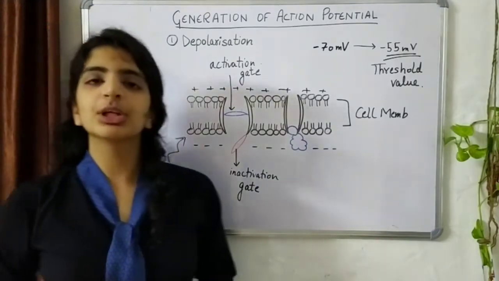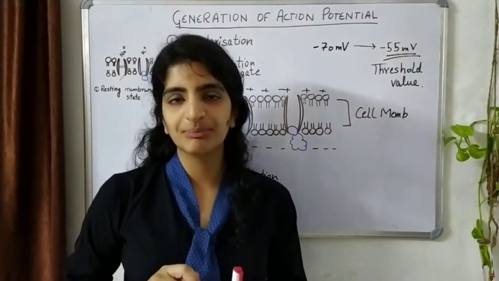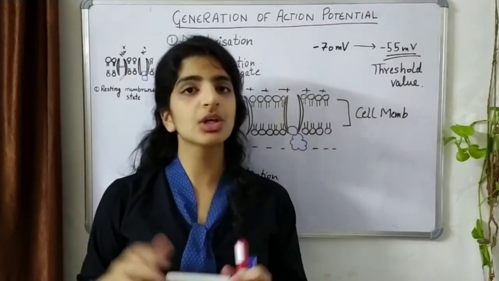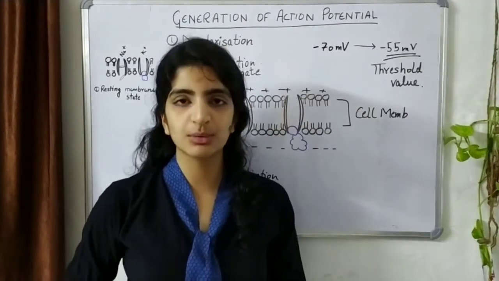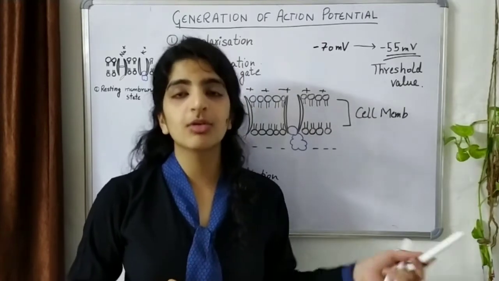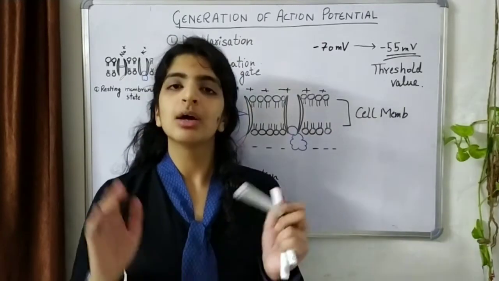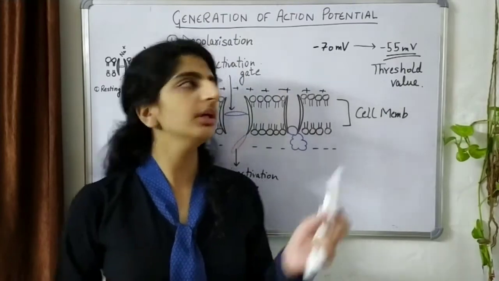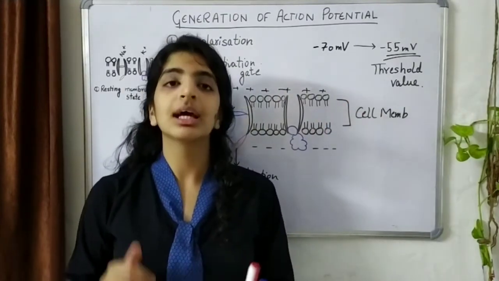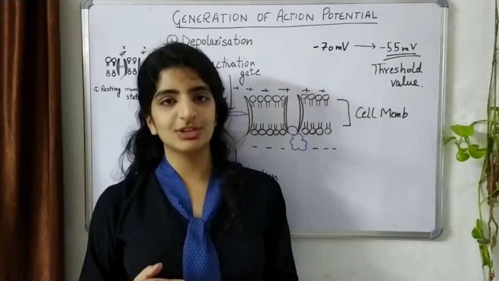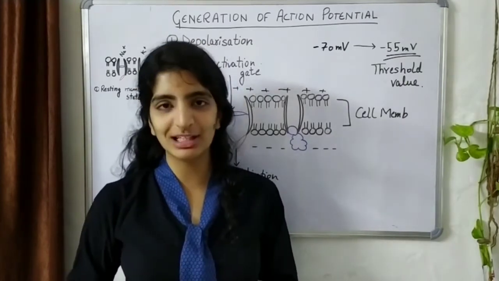Now in the previous video, I gave you an example. Like you are sitting on your couch, doing anything you like, you hear a sound and move out of the house. That sound was an external stimulus. What you were doing before was your resting potential or resting state. The intensity of the sound was the threshold value.